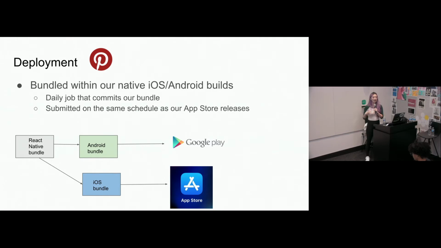Those are then packaged and submitted to their respective app stores. And as I've mentioned before, there's another method where you can do more live updates called OTA, over the air, but there are risks around making sure your native and React Native code are in sync. But it's technology that Pinterest, Facebook, all of these companies have thought about doing, so maybe we'll do it in the future.